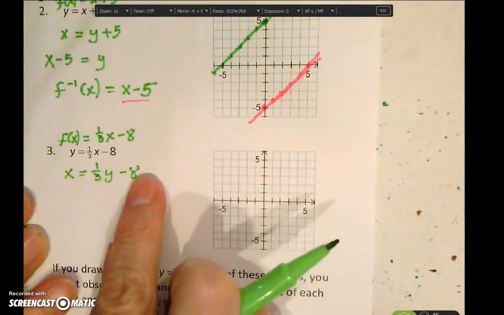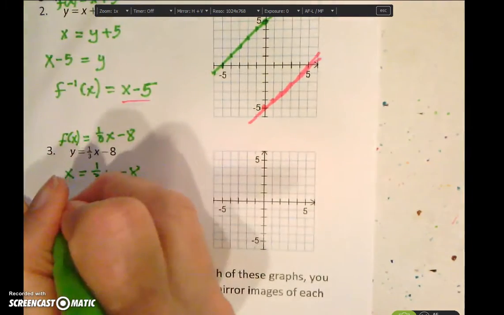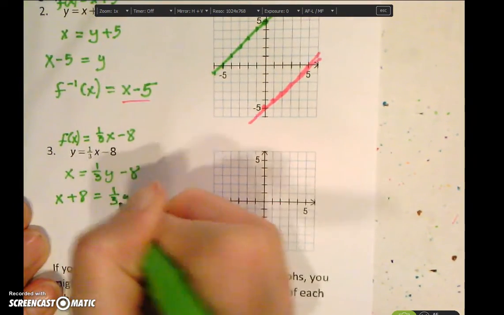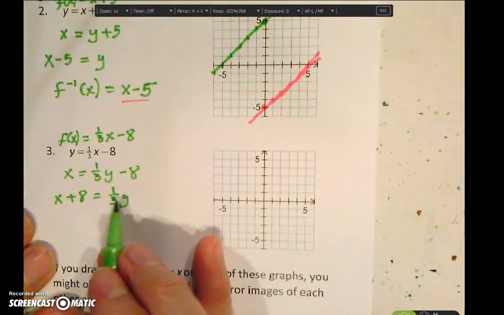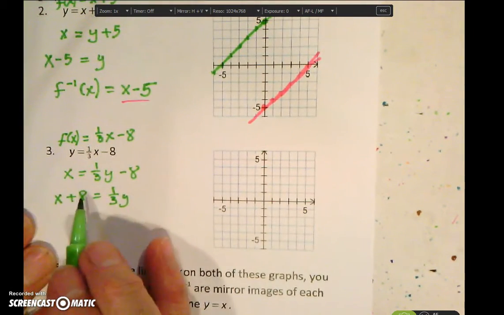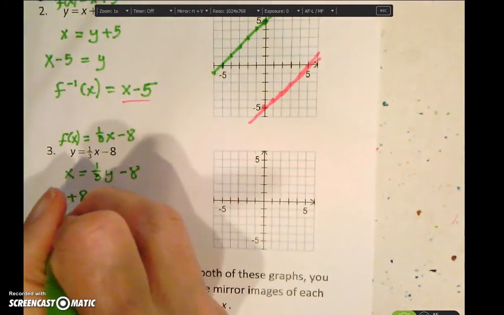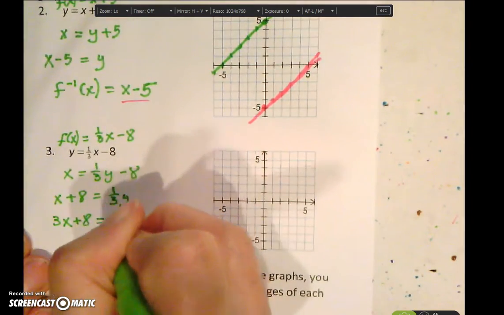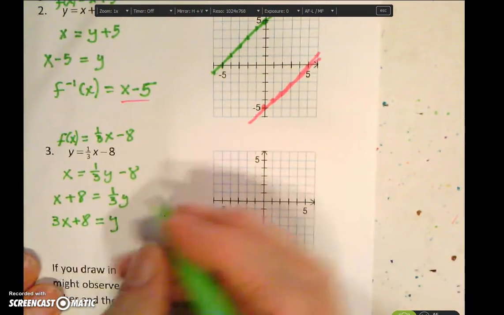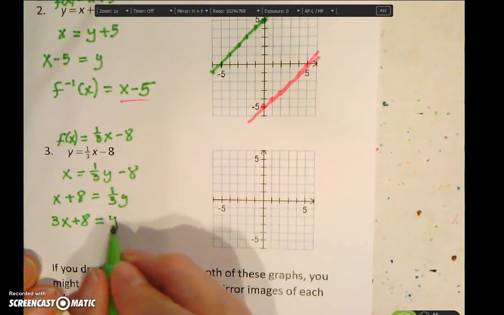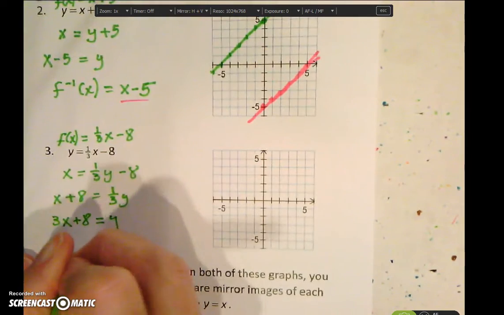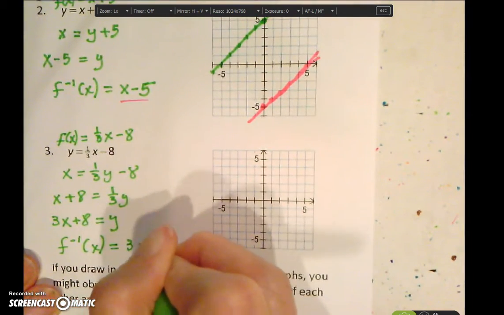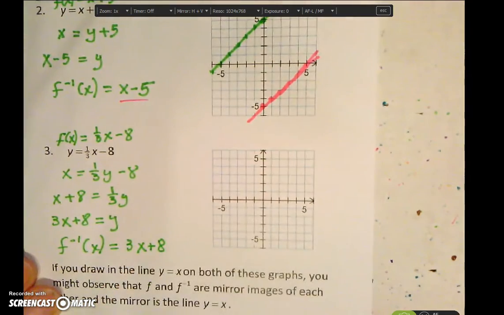Then I want to solve it, so I add the 8. I get x plus 8 is equal to 1/3 y. Then I need a y, so I multiply through everything by 3 and get 3 times (x plus 8) is equal to y. Now I replace my y, this time with f inverse of x, and say that it is equal to 3 times (x plus 8).